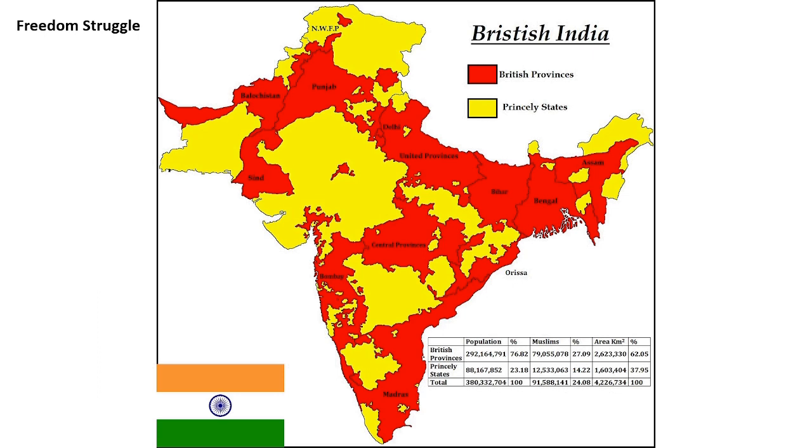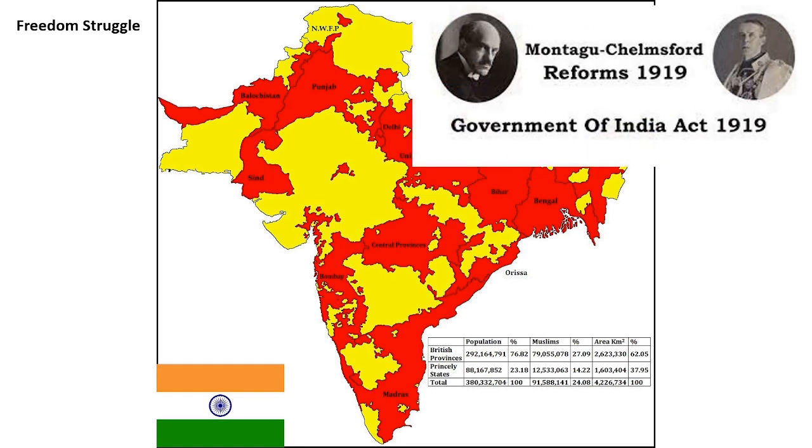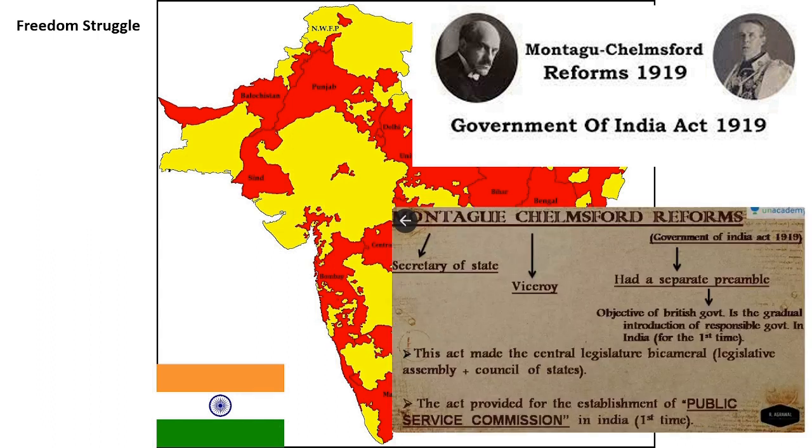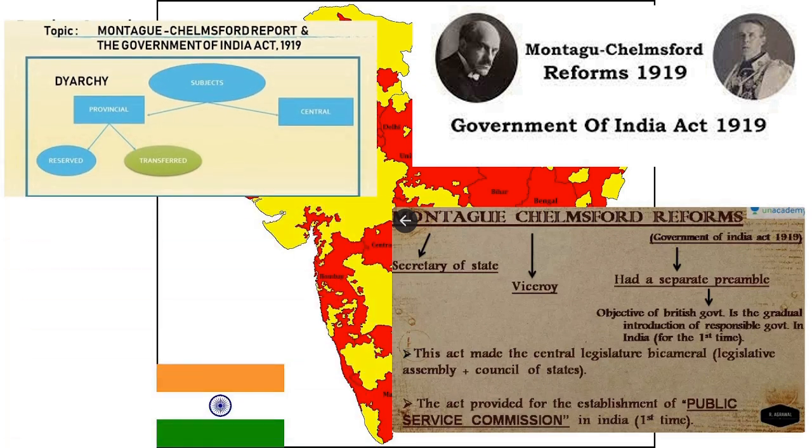As there was a continued growing demand by Indians to participate in the cabinet ministry, the British government finally passed the Government of India Act 1919, also called the Montagu-Chelmsford Reform. Under this act, there was a lower house, an upper house, and at the top, the crown, meaning the introduction of the diarchy system in the central government. There were two types of list, the reserved list and the transferred list.